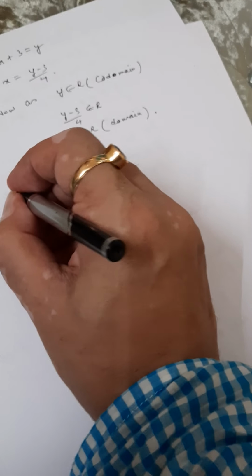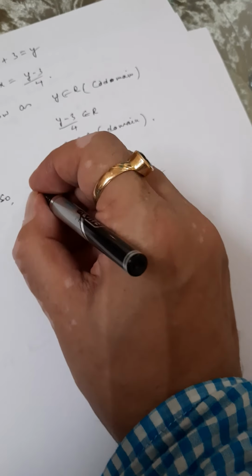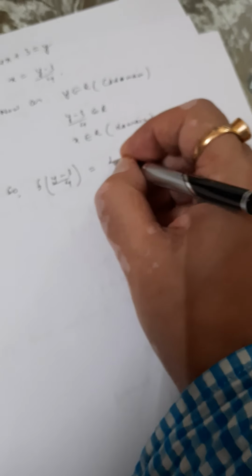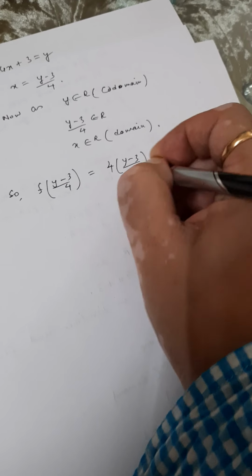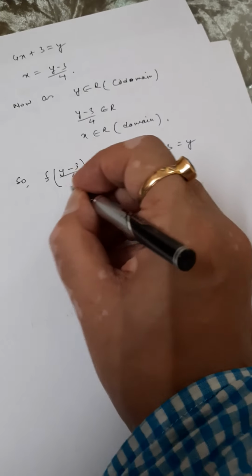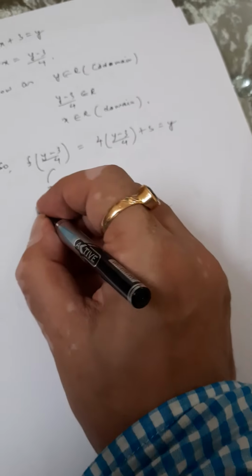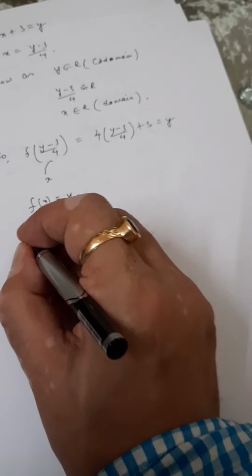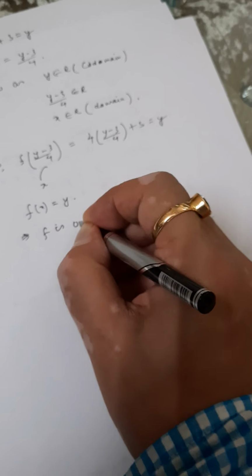So f of (y minus 3) by 4 is 4 times (y minus 3) by 4 plus 3, that is y. So for every y belongs to R, there is x belongs to R such that f(x) equals y. So f is onto.